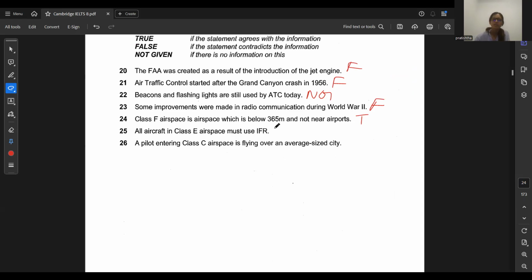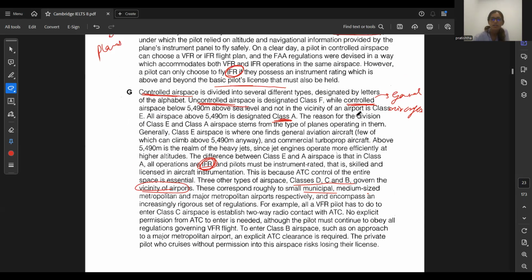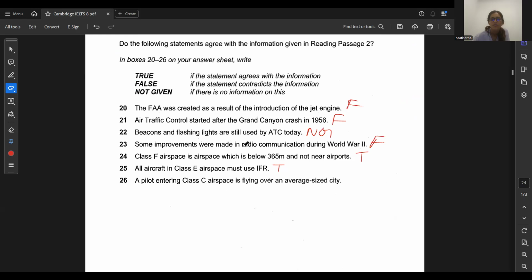So all airspace, this is true if we remember. Oh, sorry, wait, let me take a look. All in class E must use IFR. Class E, it's general, and general class does not need IFR, so it's false. It can use both.